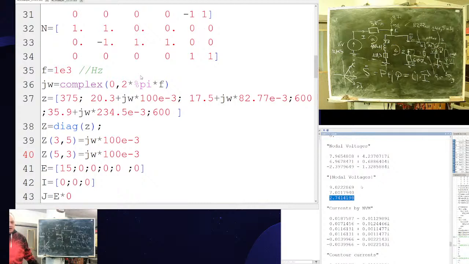What about current? Current in the last branch, 4 milliamps. I don't know. Can I measure 4 milliamps? I can try. One second. Let's try to get it.